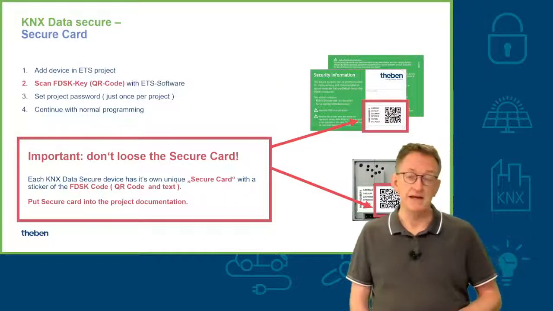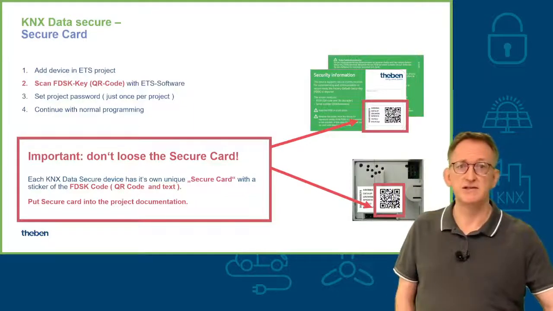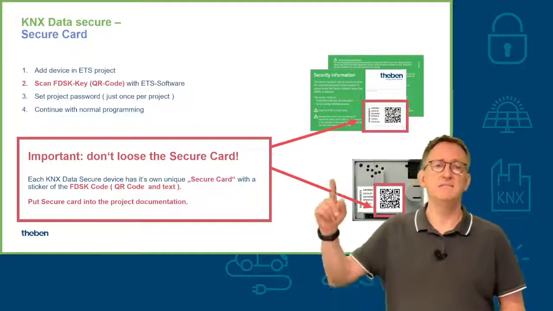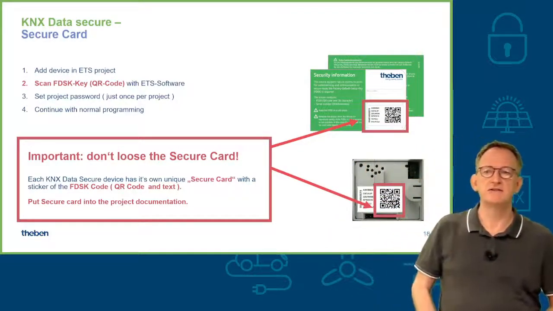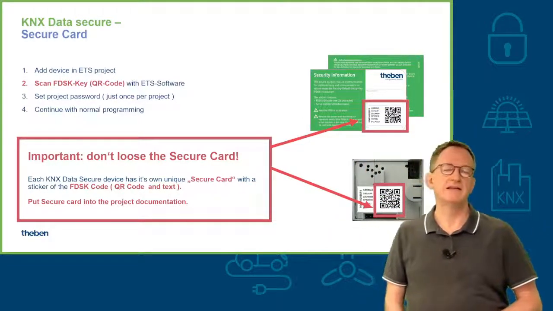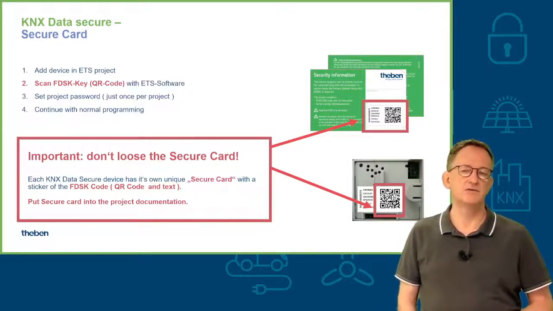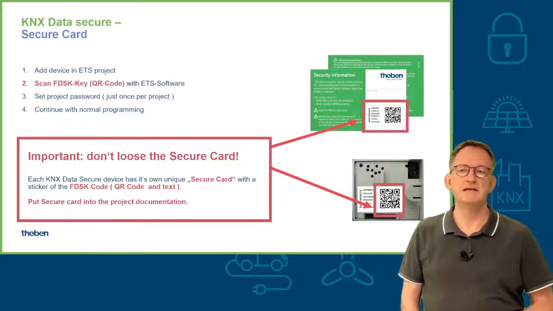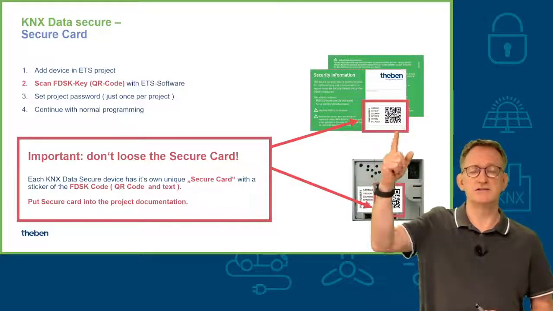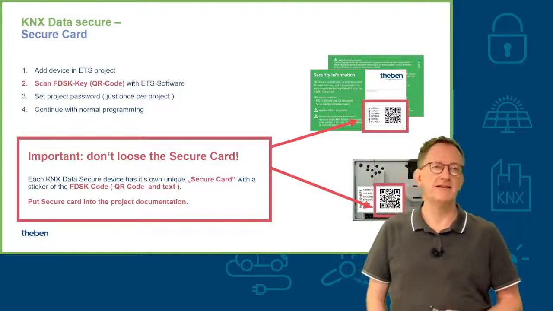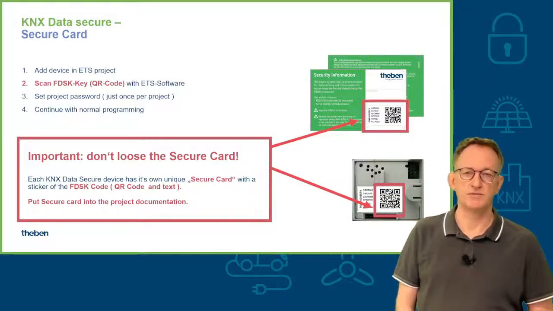Each device has its own secure card, as you can see here, with a sticker on it with the QR code, but also with the text of that code, the FDSK. This code is definitely needed to add the device to the ETS, and please ensure that this card and this sticker find their way into the project documentation.